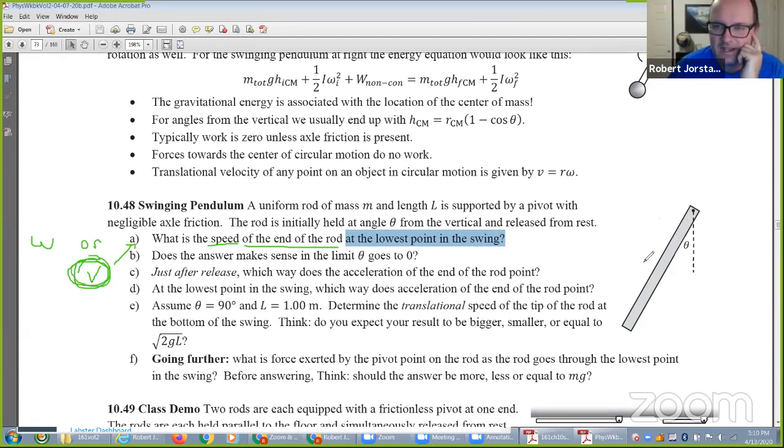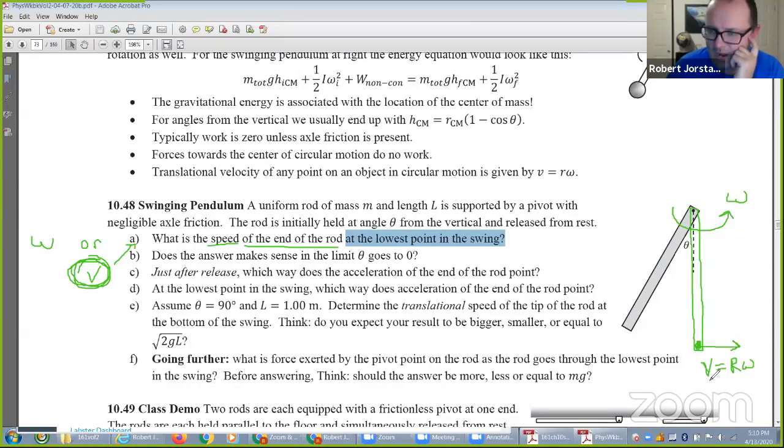So what we're trying to do in this problem is get the speed of this thing at the end of the problem. This is going to be rotating with some rate omega. But the end of the rod is going to be moving this way with some speed V equals radius from the pivot times omega.